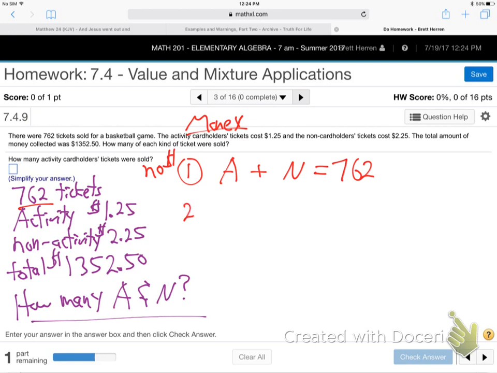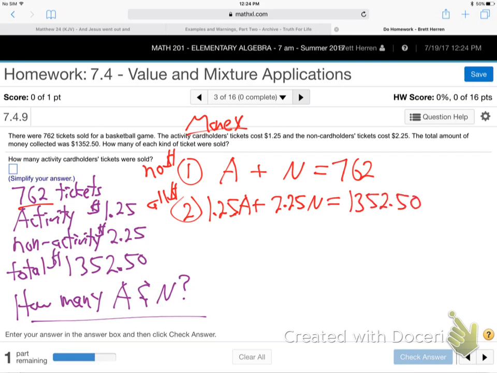And then the second equation is all about money. So bring the money in. So $1.25A plus $2.25N is $1352.50. It's all about money there. Is that good?